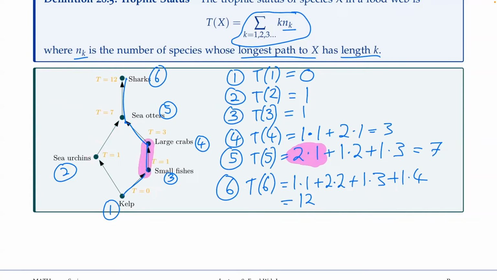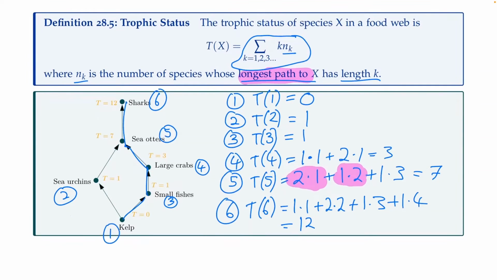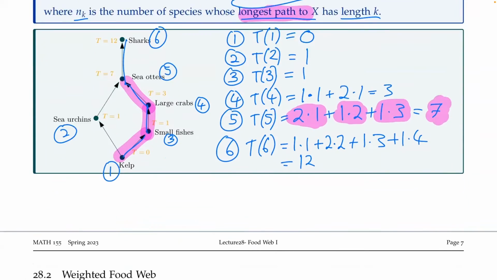Oh, sorry, we're going by the longest path. I've completely forgotten what the definition of this was. We're going by the longest path. So there is 1 species that has the longest path length 2. And in the case of kelp, it does have path length 2 here, but we want the longest path, so it has 1 species of path length 3. We add those things up, and that gives us the trophic status of 7 for sea otters.